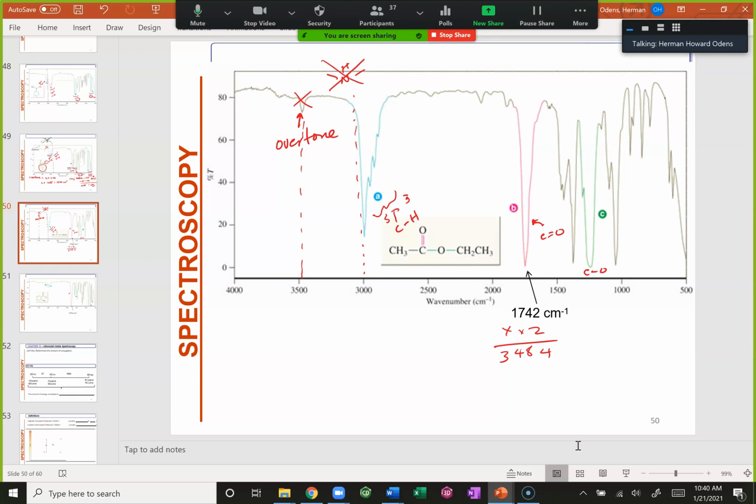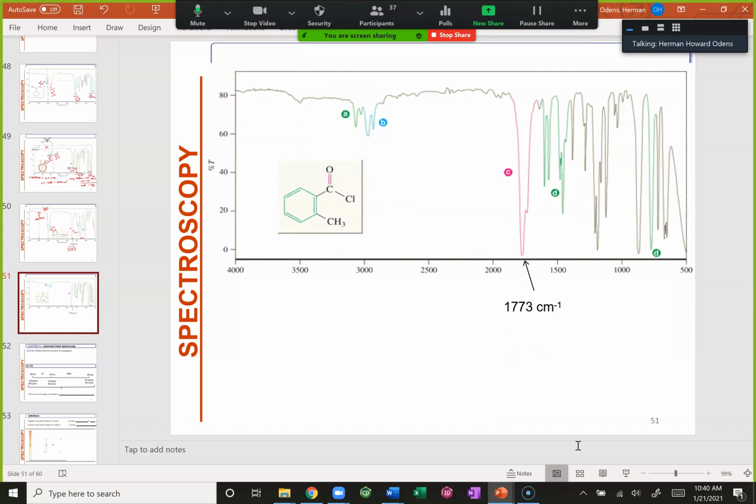Give me 30 seconds and I'll go over this one so that you have them with you. Here again, this is an acyl chloride. Oh boy, Zoom is really slowing down my computer. So anyway, you have it here. Here you have sp2 CH on this side, which are all these signals.